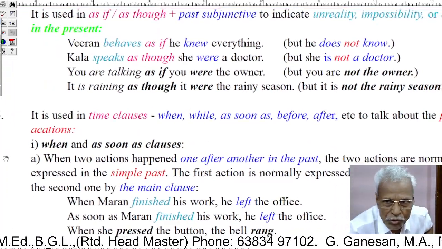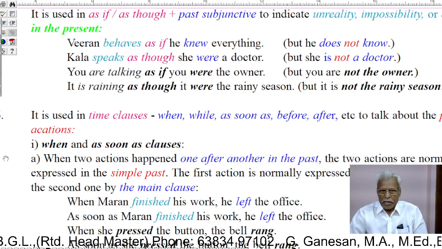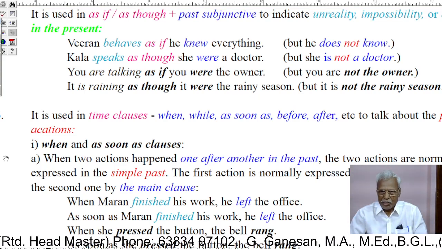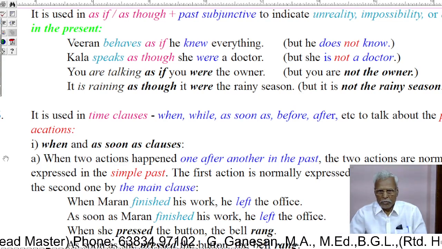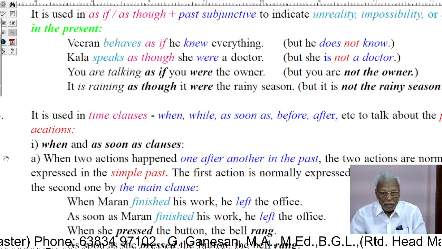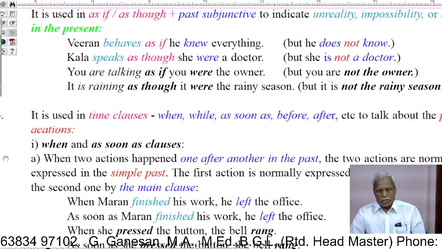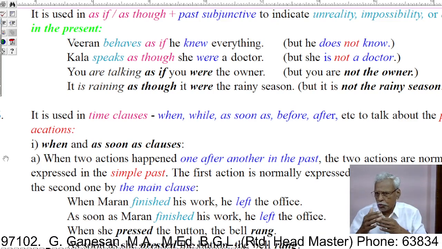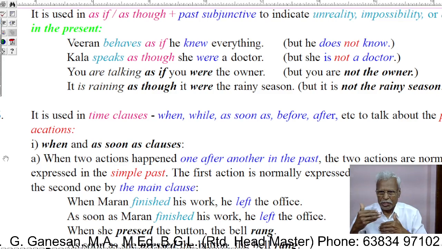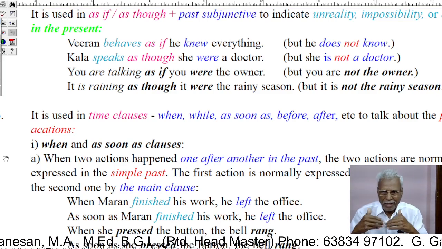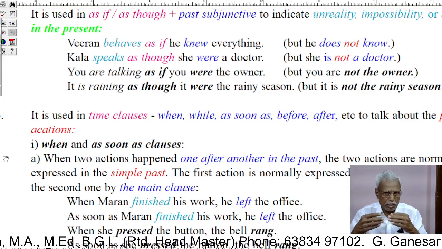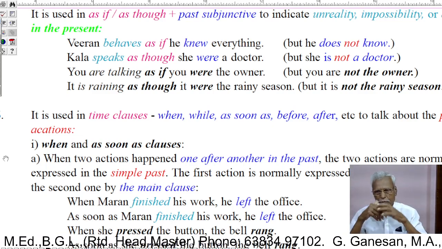Then the fifth use. It is used in as if, as though, plus past subjunctive to indicate unreality, impossibility, doubt in the present. The simple past is used to express unreality and impossibility or doubt in the present at the time of speaking.